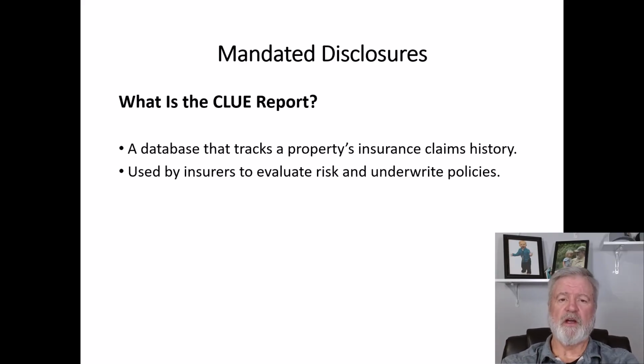This is what they call the clue report. So if you were trying to get insurance on a property, the insurance company is going to go to the database, pull up this property, pull up this clue report, and it will identify any claims that have been made against the insurance company over the last however many years.